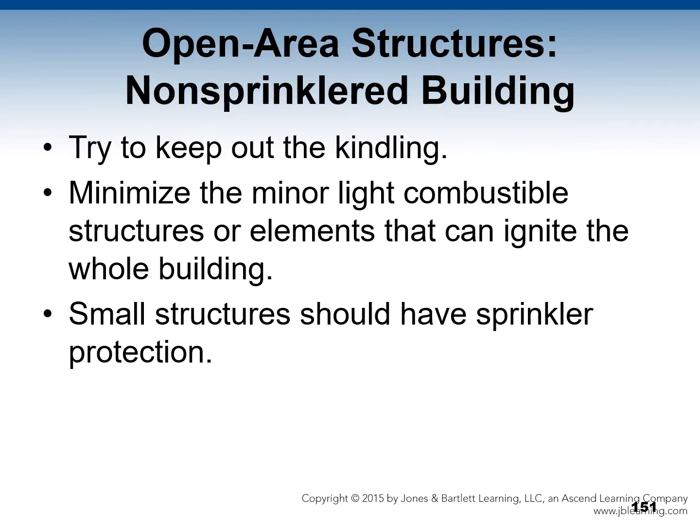In a building without a sprinkler system, the best thing you can do in an open area structure is try to keep all kindling out of the way and minimize the minor light combustible elements that can ignite the whole building. Now these are all considerations for the designer or architect. Small structures should have sprinkler protection.